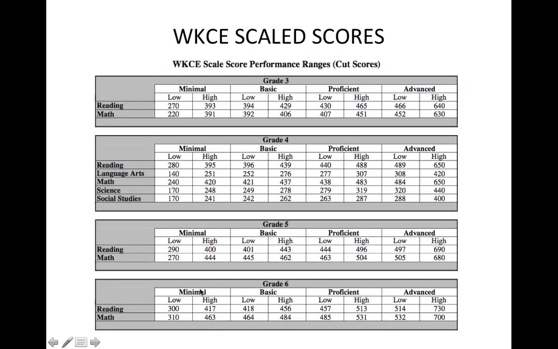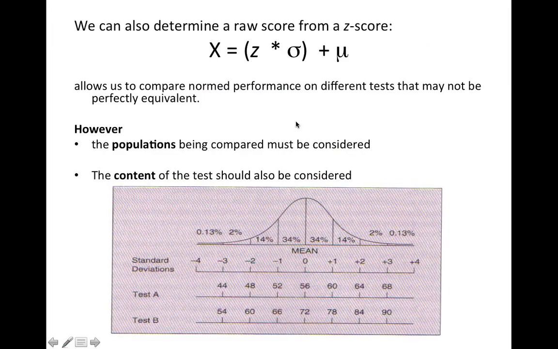And what we do with the WKCE is that they look at the raw scores, and they turn them into z-scores, and they rescale them to fit these cut scores, these ranges, right? So I want my minimum score to be 270 and my high score to be 640. And what they typically do is they divide, let me go back, they divide the whole range of scores into a certain number of standard deviations.